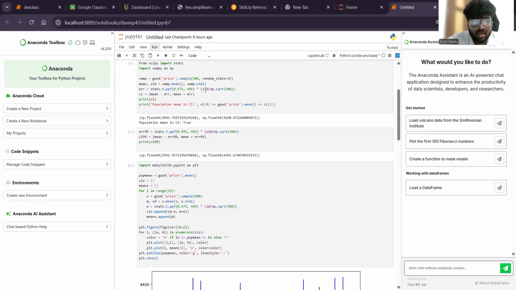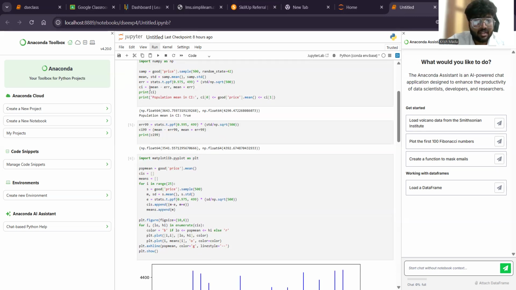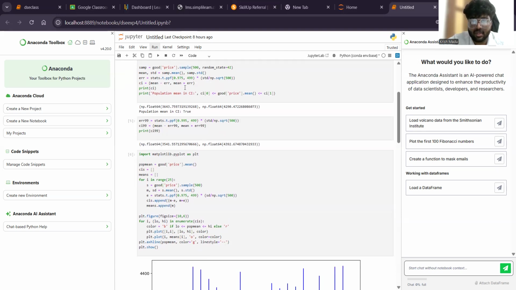We are using the Z value for 95% confidence. After that, we are giving the formula: confidence interval equals x-bar plus or minus z times the standard error.